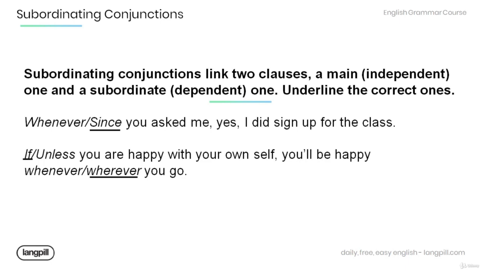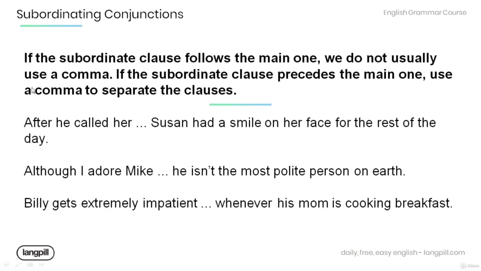If, wherever. Also remember that if the subordinate clause follows the main one, we do not usually use a comma. And if the subordinate clause precedes the main one, make sure to use a comma to separate the clause.